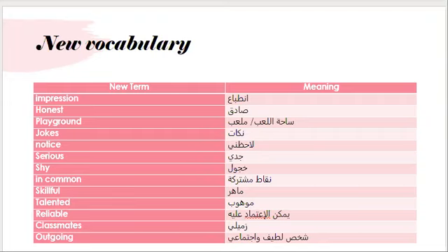So I'm going to pronounce the new terms. Listen to the pronunciation and look at the meaning. I'll read the words in English only, and you will hear the correct pronunciation and see the meaning.